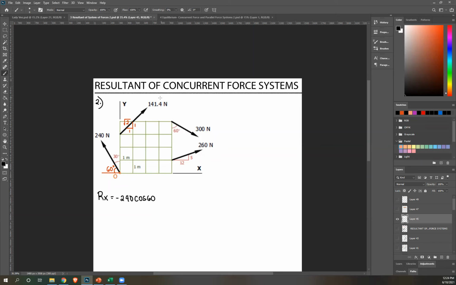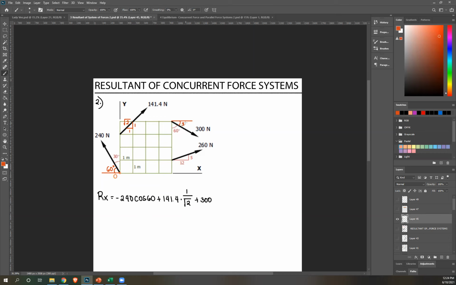Force 1 is done. Let's move on to this. It's to the right, therefore positive. 141.4 multiplied by the horizontal side, which is 1, over the hypotenuse, square root of 2, to get its x component. Next, here, to the right, therefore positive 300. Once again, we have another angle from the y-axis, so let's solve for its angle from the x-axis.